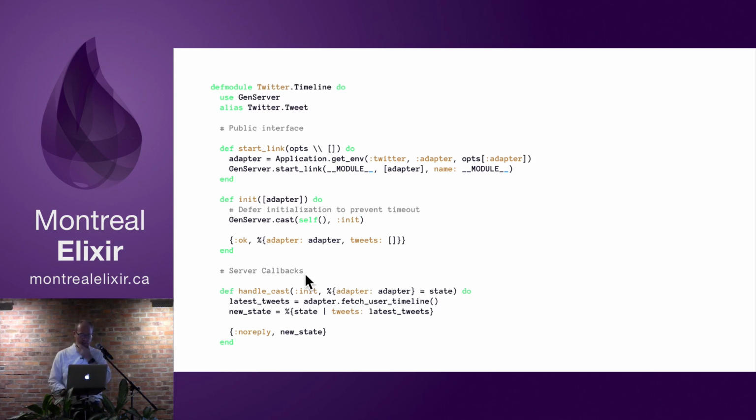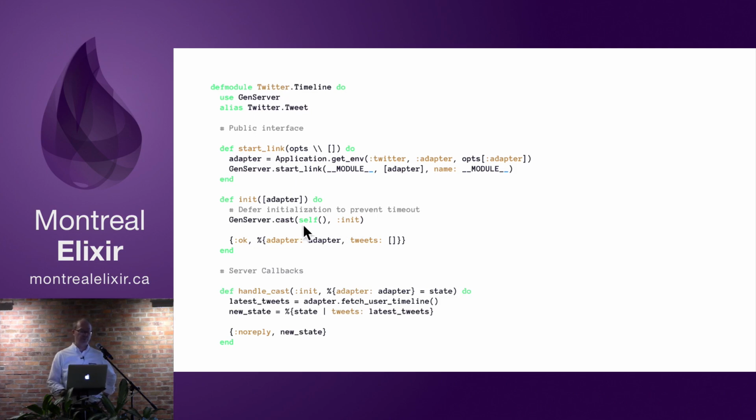All right, so what are we doing here? We are getting the adapter from the application configuration, and we default to the one that we receive in the options. And remember, we did pass the adapter in the test here. So this is basically one element in the options. So we're getting the adapter here, and we're starting the GenServer, the process itself. When the process starts, it gets initialized, and then we are deferring the initialization to prevent some timeouts. This is a special trick.